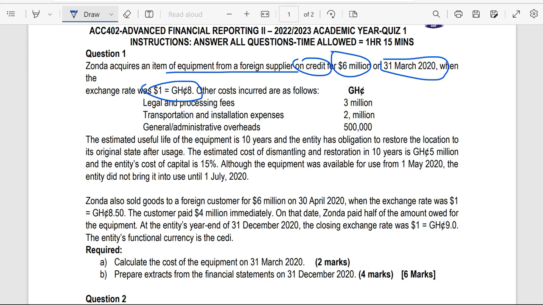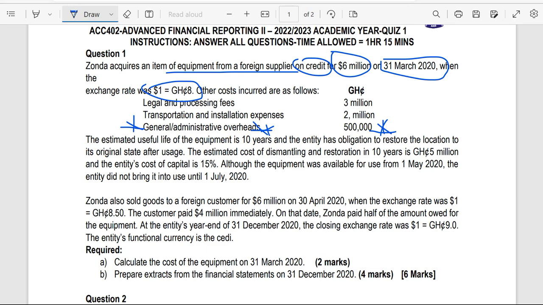So you know that in the acquisition of an item of property, plant and equipment, general administrative overheads do not form part of the cost unless you are specifically told that it's allocated to that item specifically, because the general nature of it means it is not part of the cost of the item.